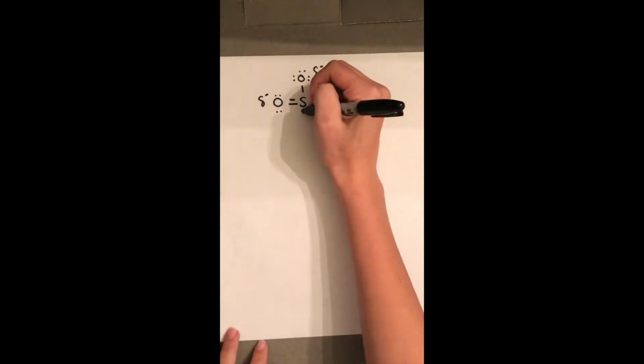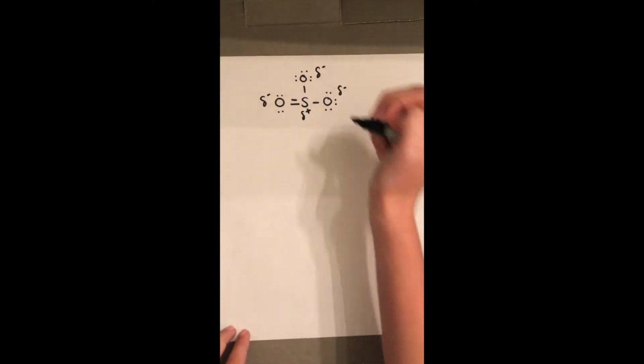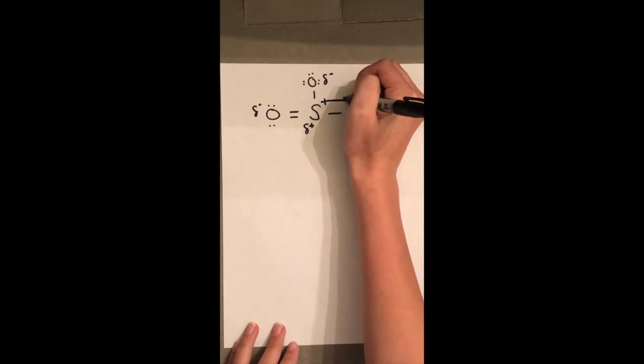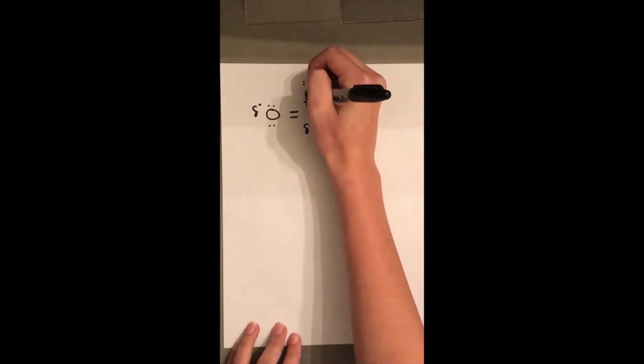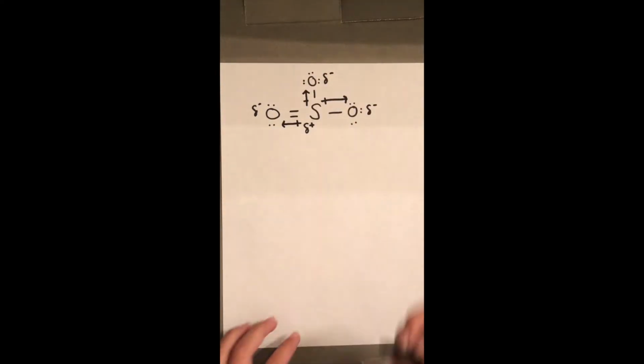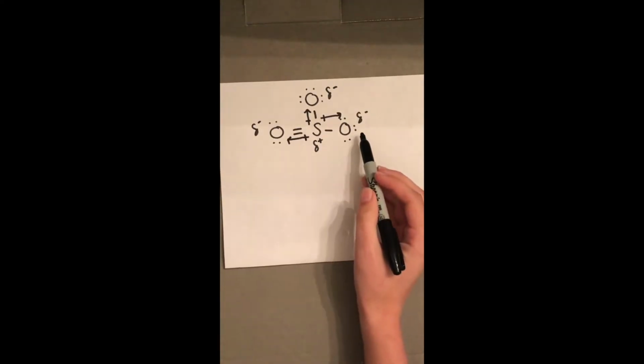That means that there will be a partial positive on S. The positive tail will be next to the most positive atom, the partial positive, on all the sides, and the arrow will be pointing toward the negative. Negative here and positive here.